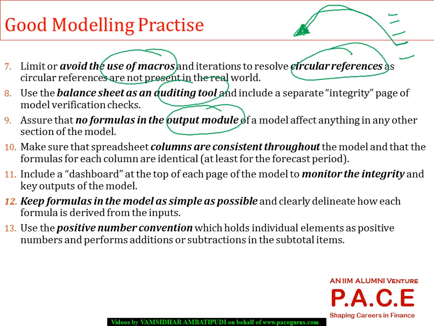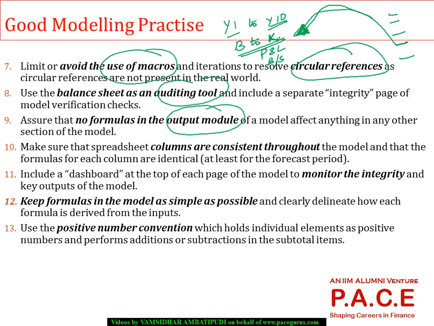And especially because we use multiple spreadsheets, we have to make sure that the columns that are used in the spreadsheet are consistent. Probably if I am doing year 1 to year 10 in B column to K column, let's say for construction assumptions, make sure that for the profit and loss statement as well as the balance sheet, year 1 to year 10 are depicted in B to K columns itself.